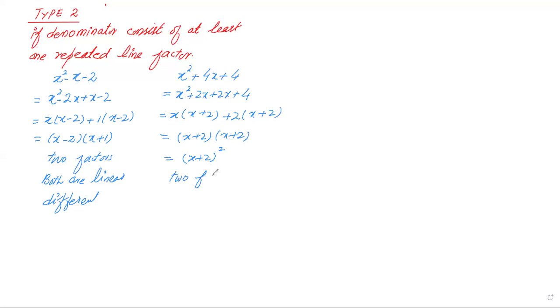First information is two factors. Both factors are linear. And the last one, that is a very important thing, they are not different, but there are the same factors: repeated factors, equal factors. So I have to use the word repeated factor.